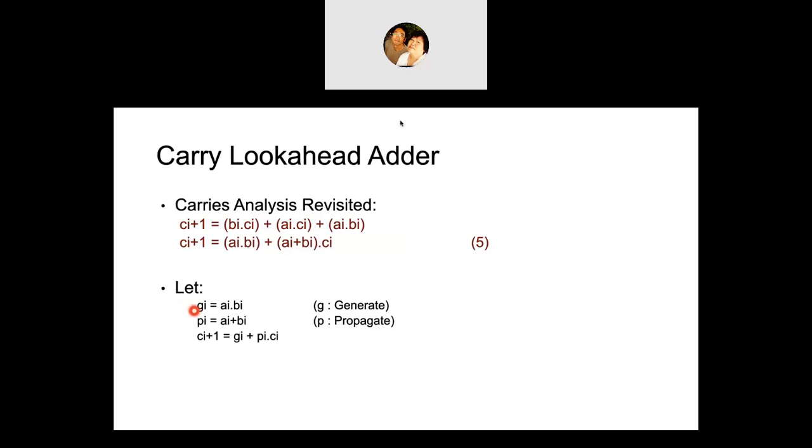Gi is equal to Ai AND Bi. Pi is equal to Ai OR Bi.